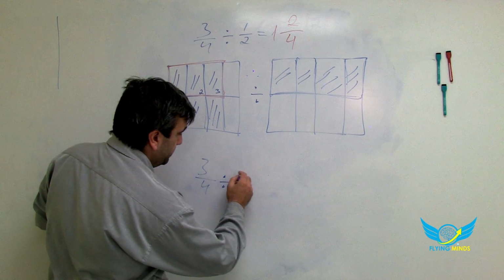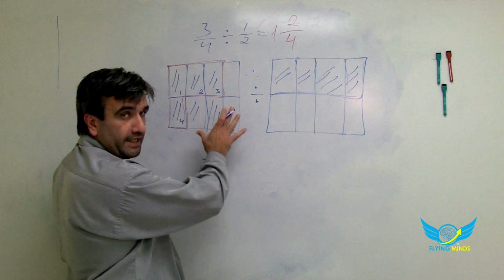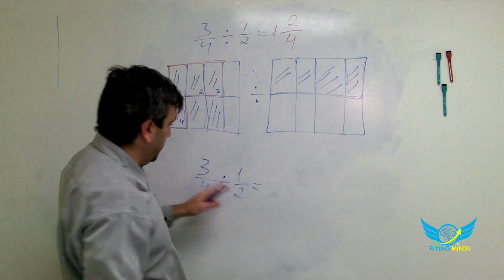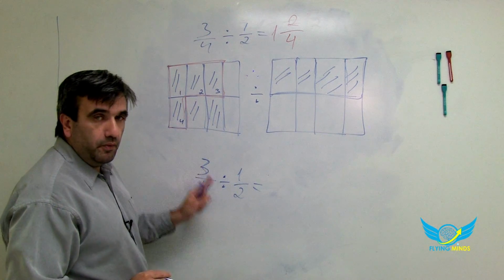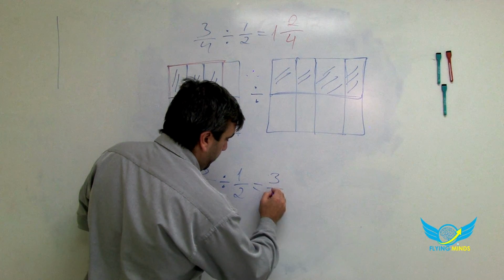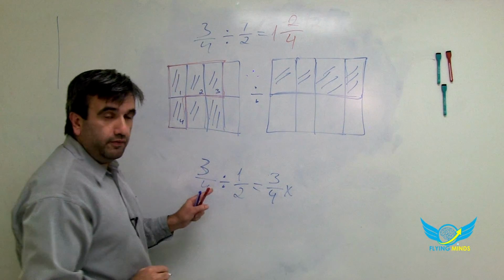So now we visualize it. Now let's show how to calculate it. When you divide two fractions, you replace division with multiplication and take the reciprocal of the second fraction.